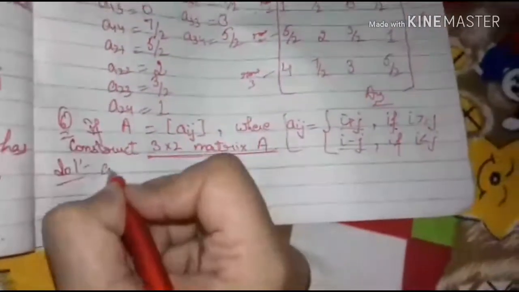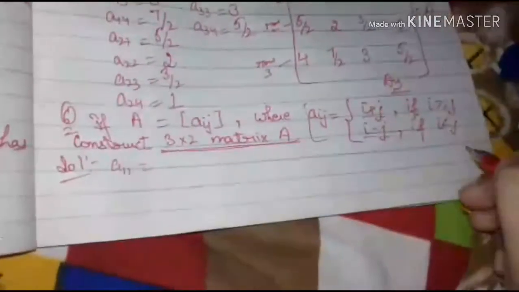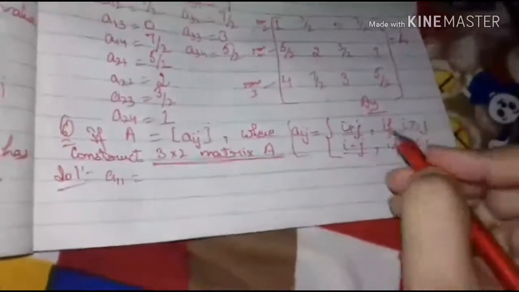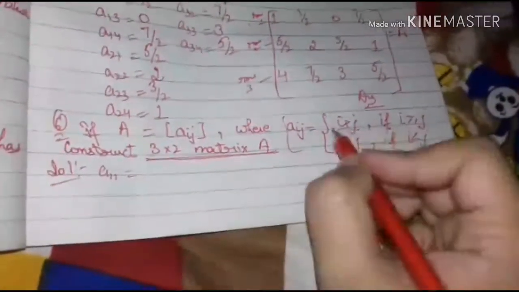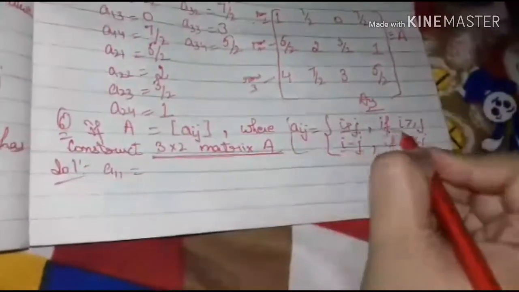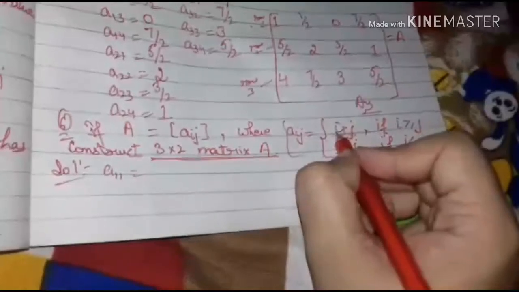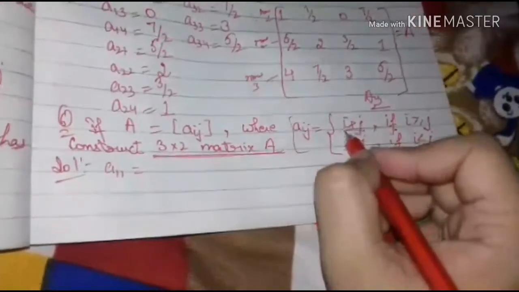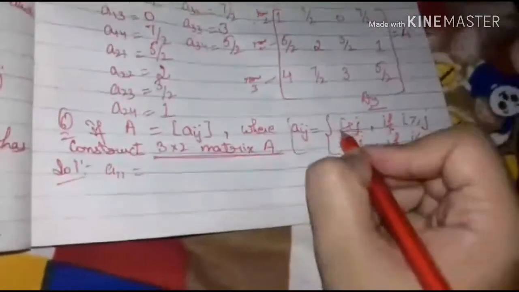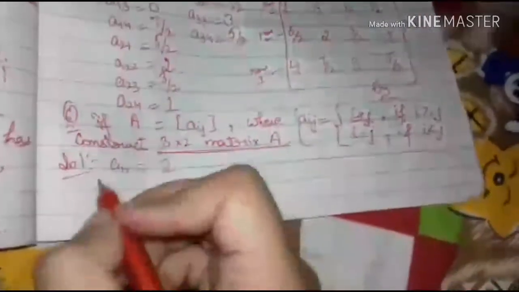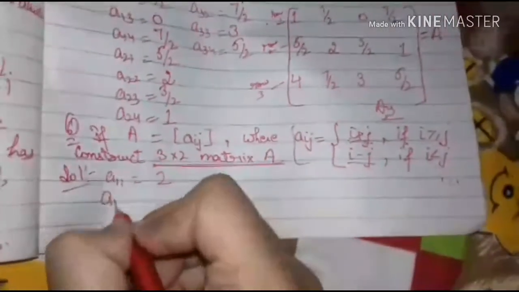Firstly, let us calculate A11. 1 is equal to 1, so equality will hold in this first equation. So we have to put i equal to 1 and j equal to 1 in this equation. 1 plus 1 is equal to 2. So the first element will be 2. Next element A12.